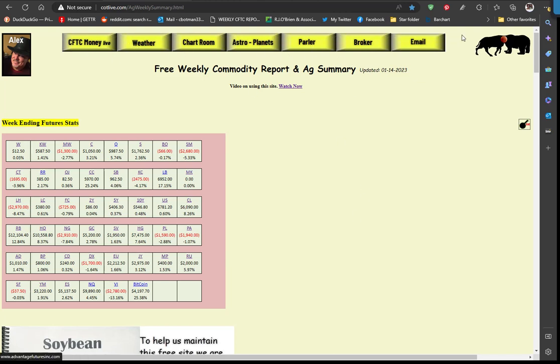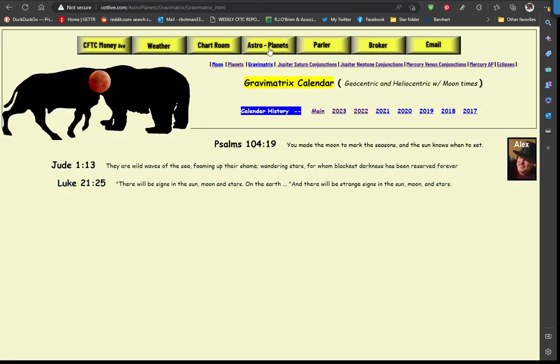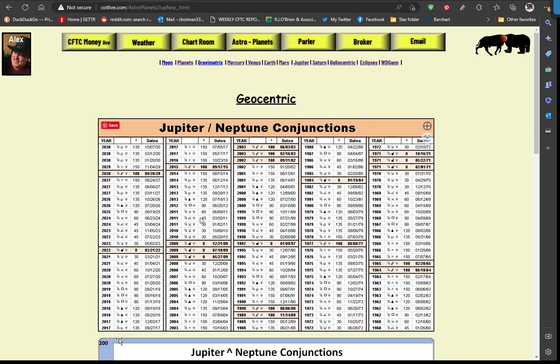This is actually the one we're going to be looking at. This is Jupiter, Neptune. The only reason is because that was the only alignment we had last year on the geocentric, not heliocentric, geocentric, right?